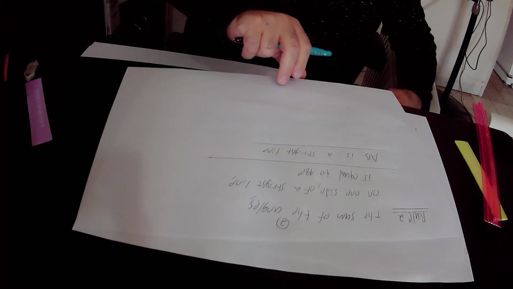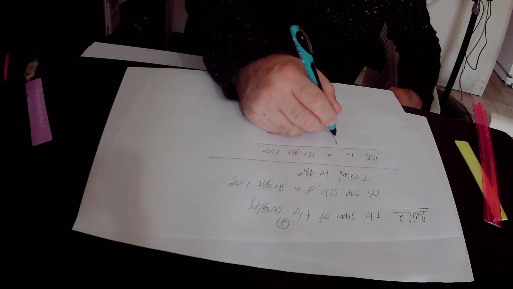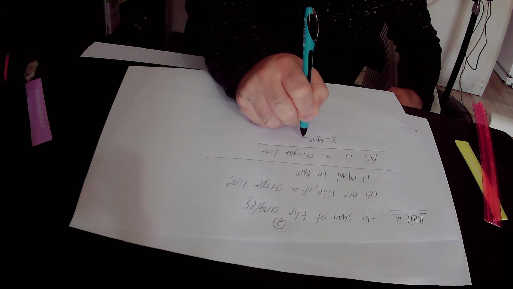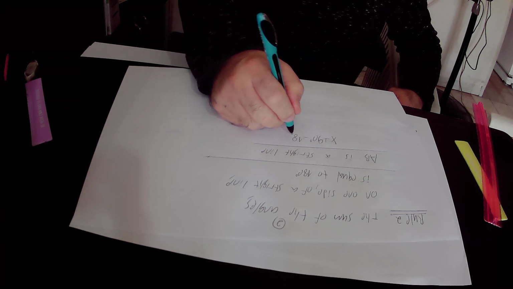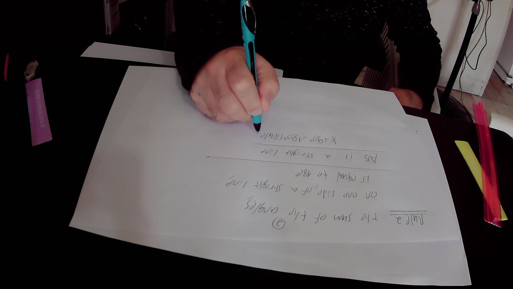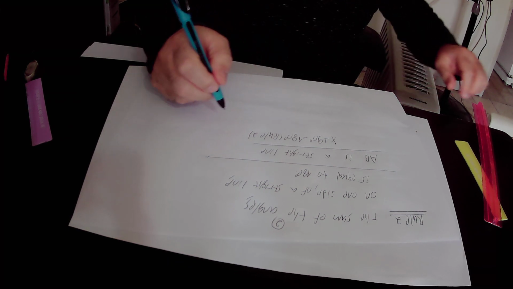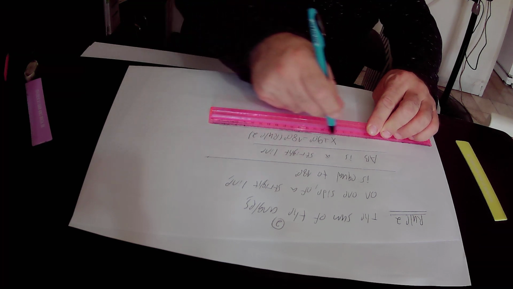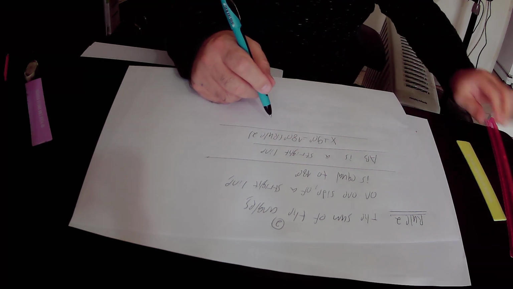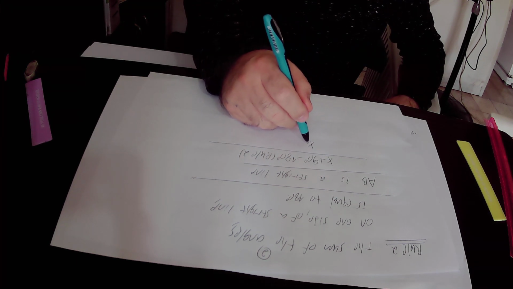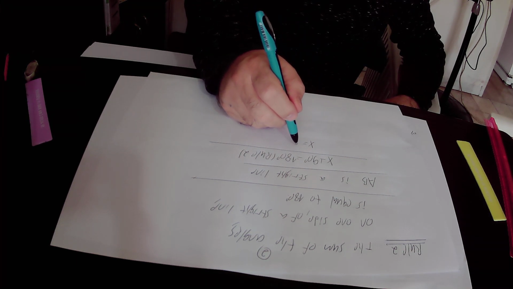Okay, x plus 90 degrees must be equal to 180 degrees according to rule number 2. Here we subtract 90 degrees from this equation and we get that angle x equals 180 degrees minus 90 degrees.